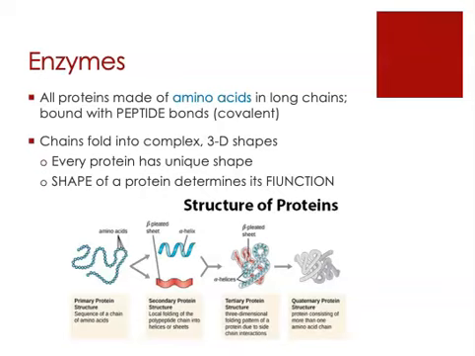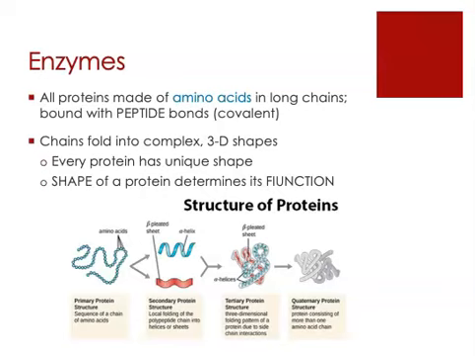The chains of amino acids don't stay as linear structures, however. Once they're built, those individual amino acids in the chain are going to start reacting with each other through the building of things like hydrogen bonds and van der Waals interactions. Remember, every amino acid has a particular functional group sticking off of it, a side group.